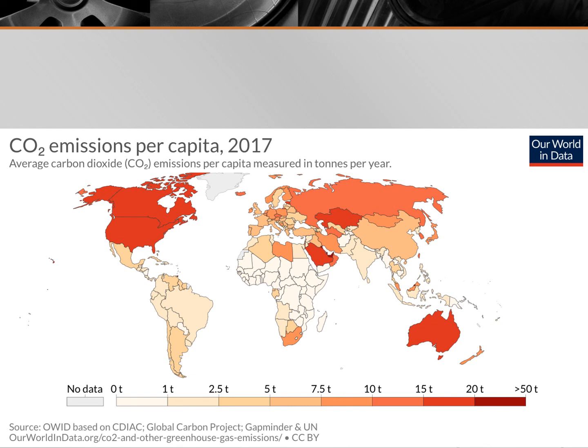CO2 emissions per capita are highest in the core, as well as in several countries of the semi-periphery. They are lowest amongst the global periphery. It should be noted, however, that as countries industrialize, CO2 emissions rise. So, as periphery countries become industrialized, this pattern is likely to spread to those countries as well.